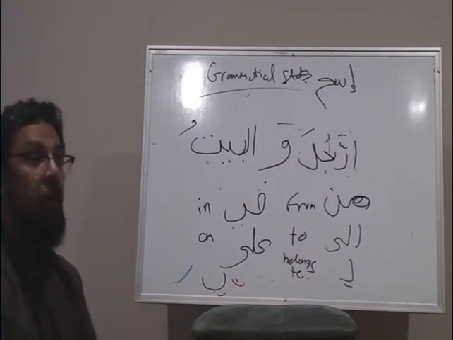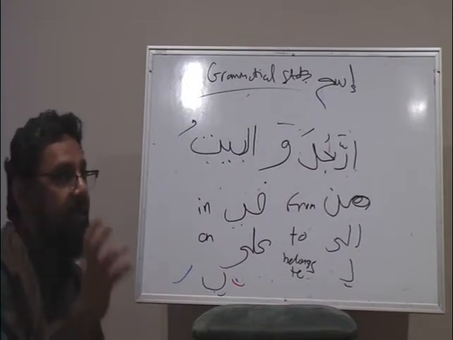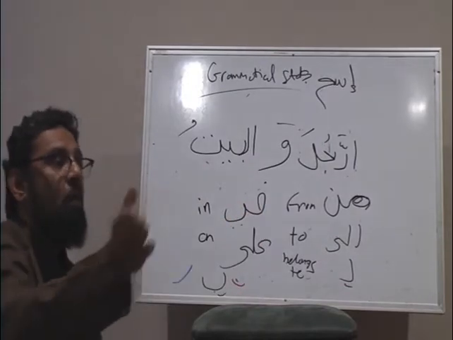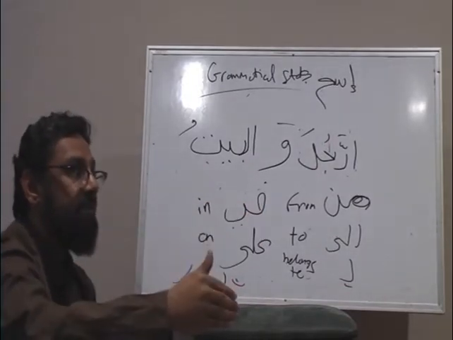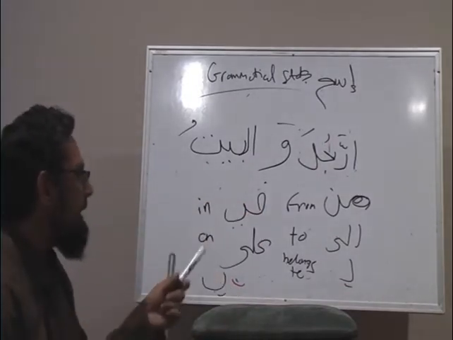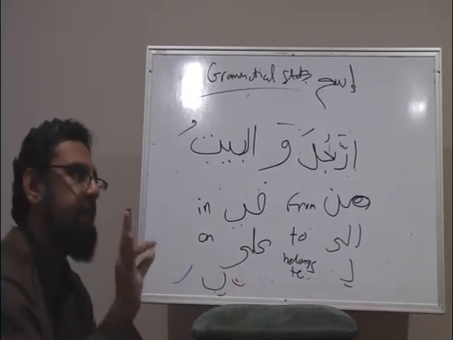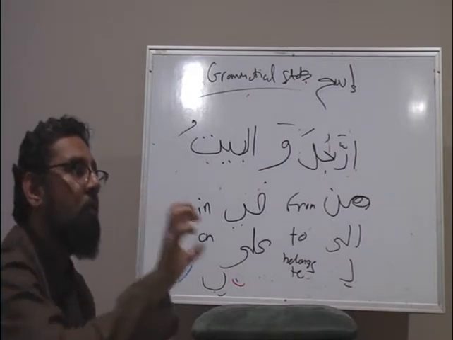So bih could be in, it could be with. These all depend on what the isms are that it's connected to, and you'll be able to easily work that out. These are the more common meanings, but they have slight shades of meaning depending on the words.